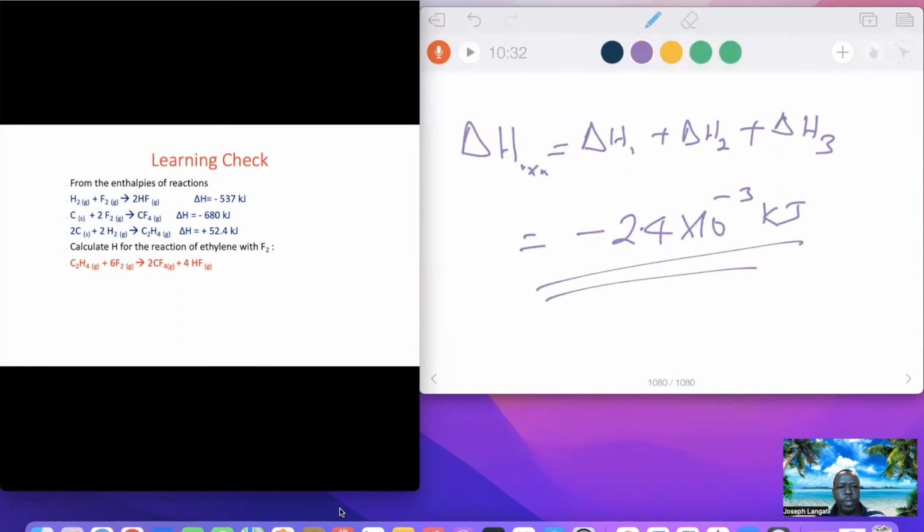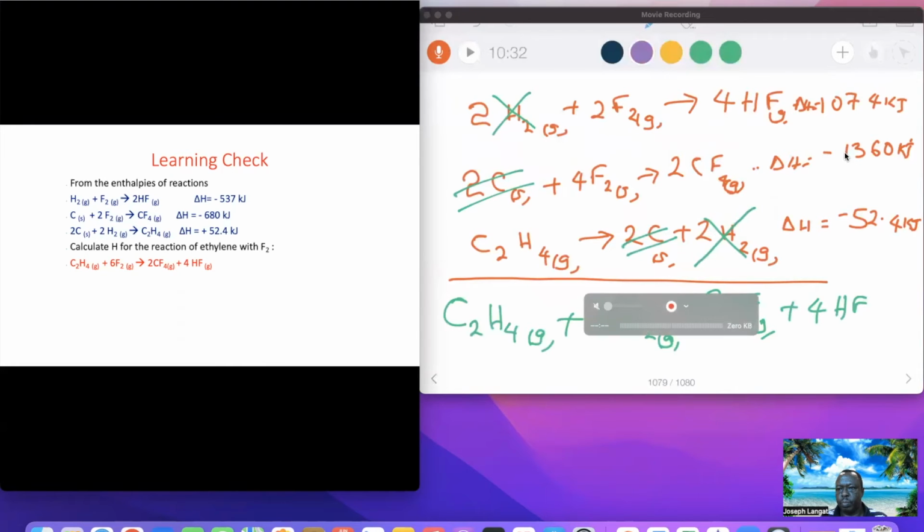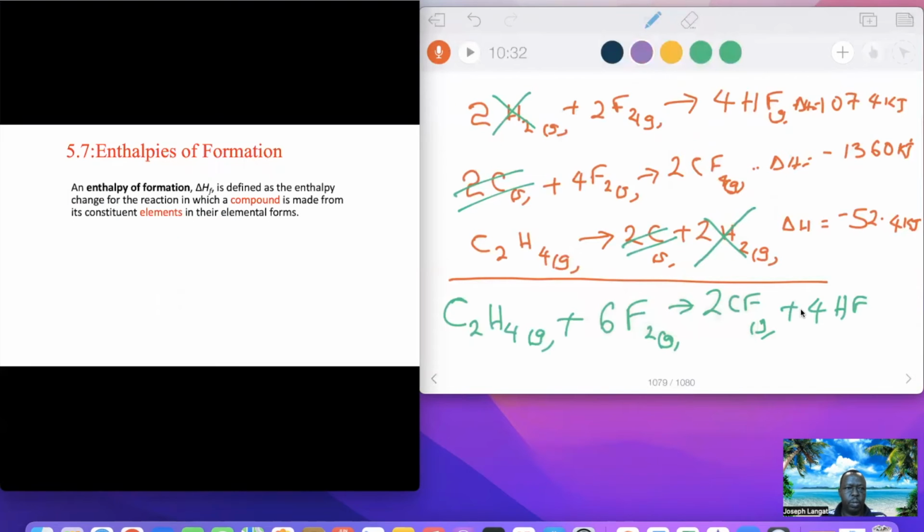2.4 is exothermic. When you add everything from here, it's going to give you 10.2. So please practice more on enthalpy of formation. I mean, Hess's law, and how to use Hess's law to find the enthalpy change for the overall reaction.